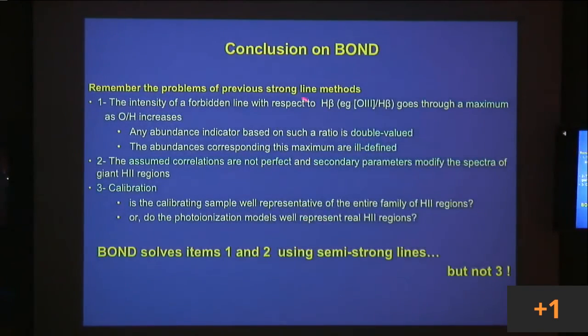I am recalling the problems of the strong line methods, 1, 2, 3. And so BOND solves 1 and 2 using the semi-strong lines, but it doesn't solve the calibration problem. The calibration problem is a different thing. The calibration problem, I mean, the models have to represent correctly the reality.